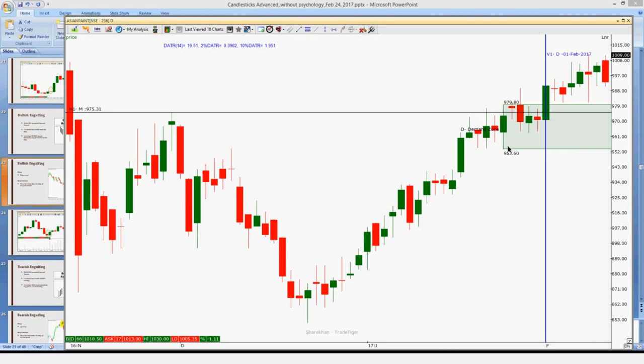Not a very big reaction can be expected, or the reaction can be expected after only deep penetration of this. At least that much I am able to understand from this time frame itself, right? It is not a quality zone, so price may either trick it a little bit, or it may go very deep inside that zone, right?